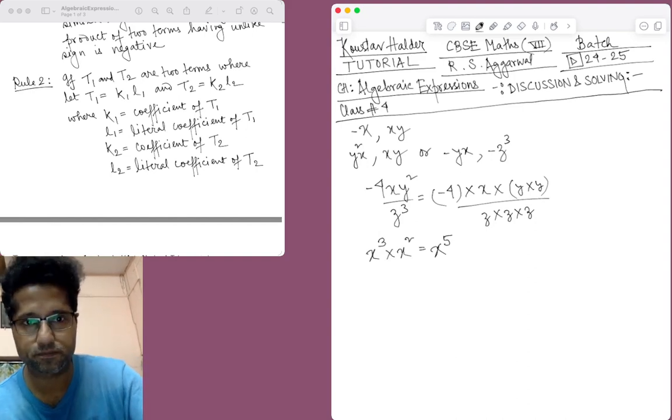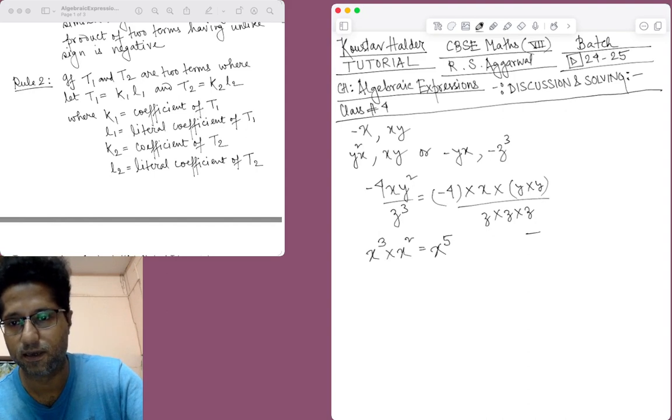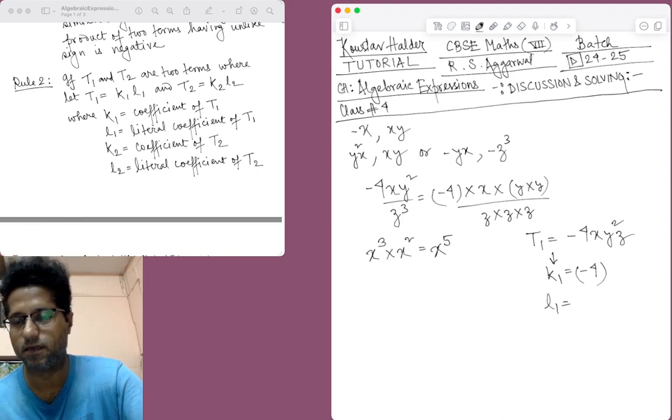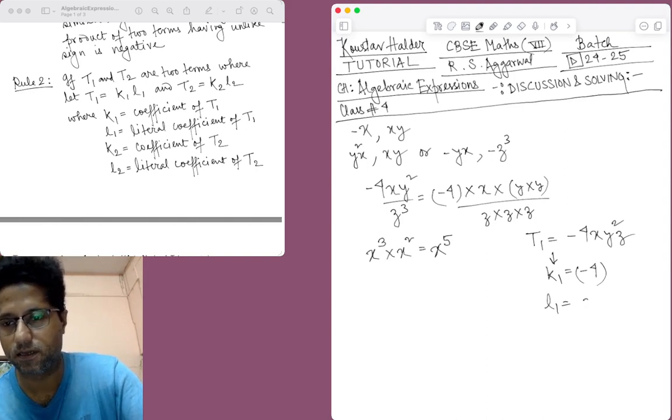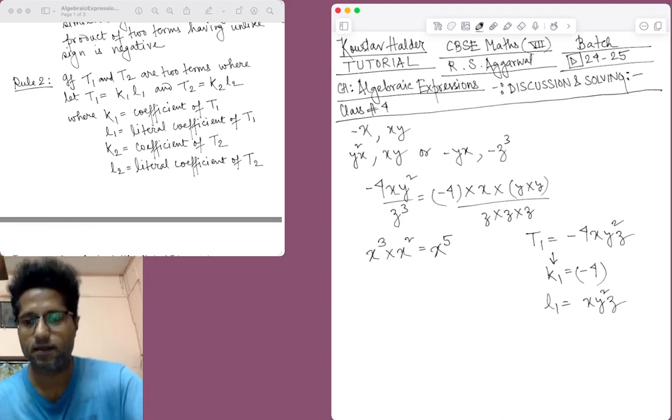For example, if the term is minus 4xy square z, the constant K1 is the numerical coefficient, minus 4, and L1 is everything in the term except the coefficient, that is x y square z. This is what I meant by L1 and K1.